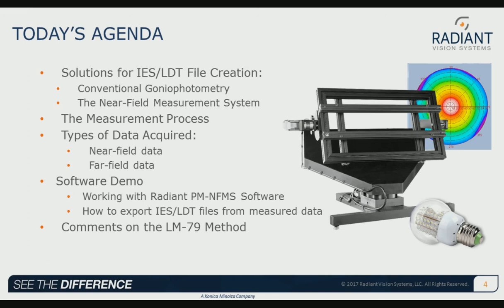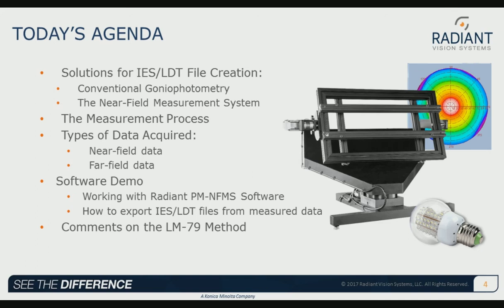As an outline for today, first, we're going to talk about what solutions are currently available for light source characterization and IES file creation, such as conventional far-field goniophotography and the near-field measurement system. Next, we're going to talk about how these systems work, how a measurement is collected with both of them, and what types of data you can get with each as well.